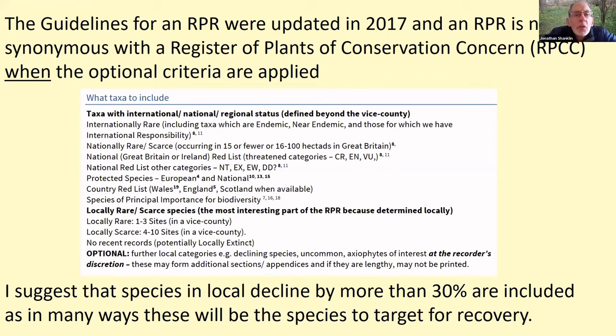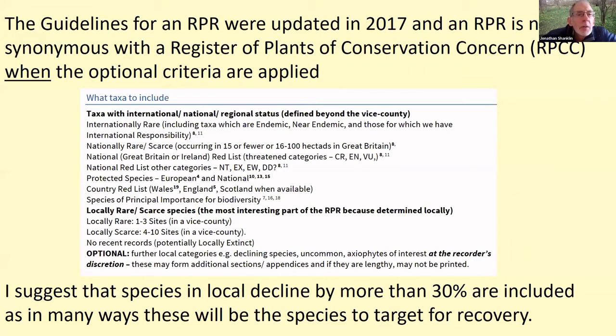The rarest species are probably going to be in protected habitats anyway. It's the plants that are in the less protected areas that we need to be worrying about. And so I think when you include some of those optional characteristics, you then get what is effectively a register of plants of conservation concern.